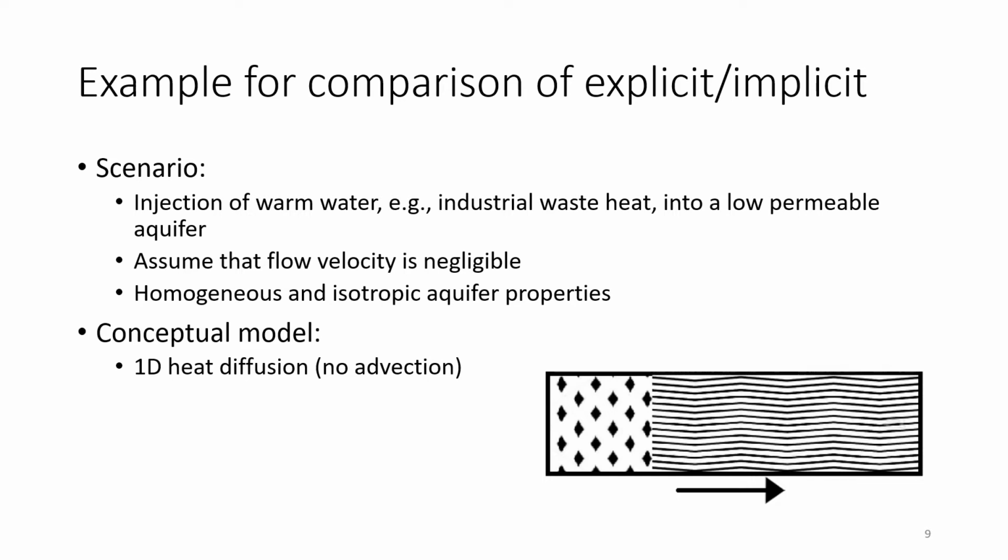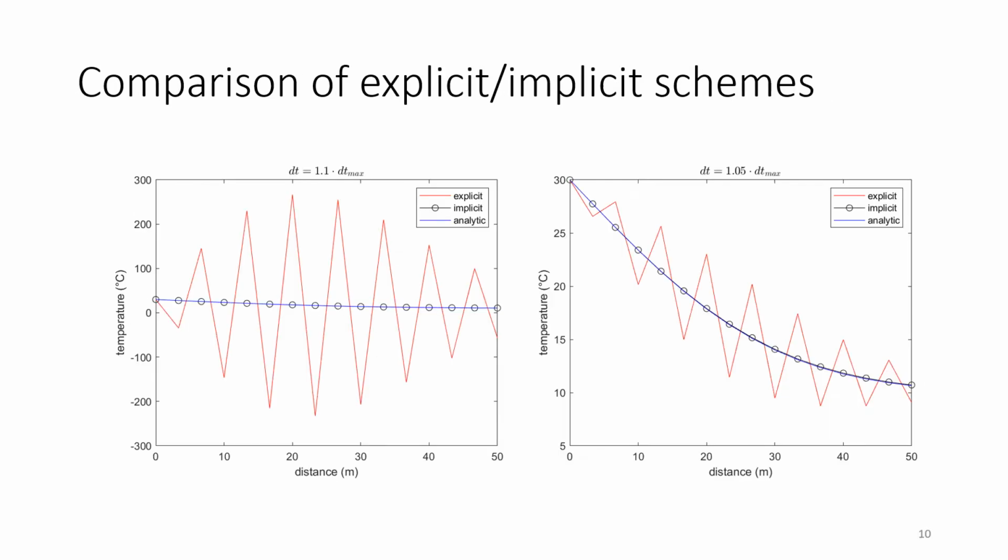I keep it as simple as possible, and just want to see how the temperature in the water evolves if there only is diffusion. I will solve that numerically with an implicit as well as with an explicit time scheme. And because it's such a simple problem, I can also have an analytical solution. For the first simulation, I use 1.1 times the maximum time step that's given by my stability criteria for the explicit time step.